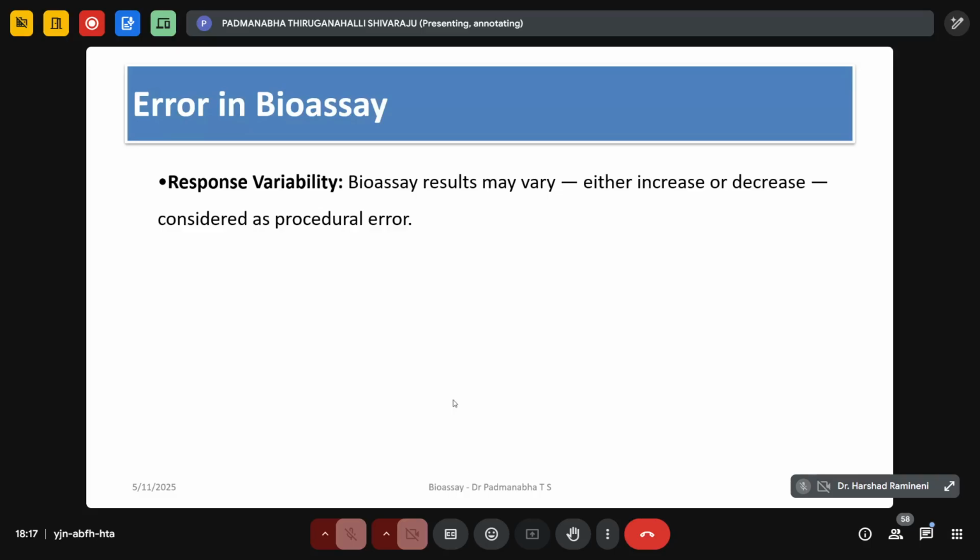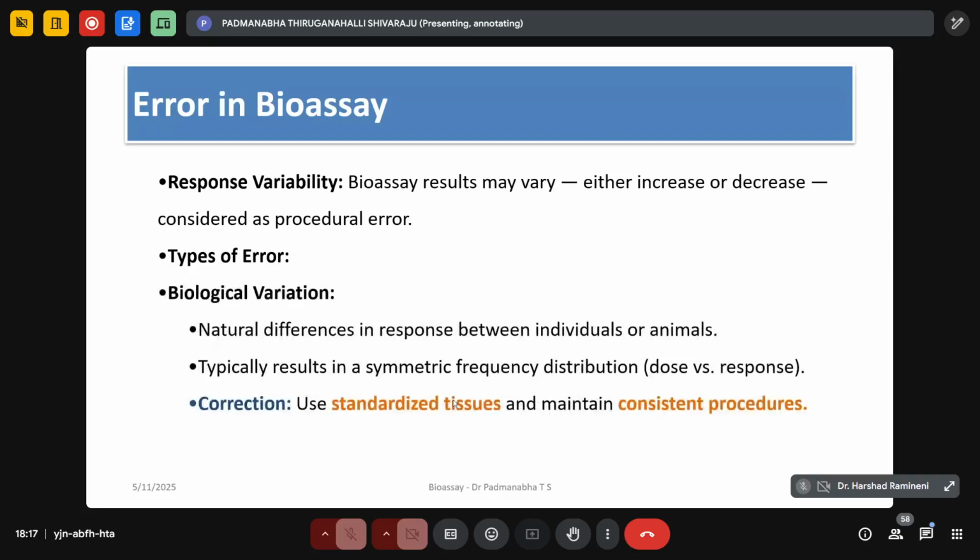Even a minute error will bring about a much larger extent of variability that we will not be able to quantify. So the preparation of the bioassay as well as its components is very crucial for getting accurate results. We need to try to minimize these errors while doing the bioassay.